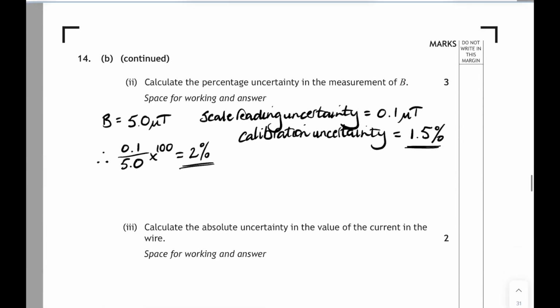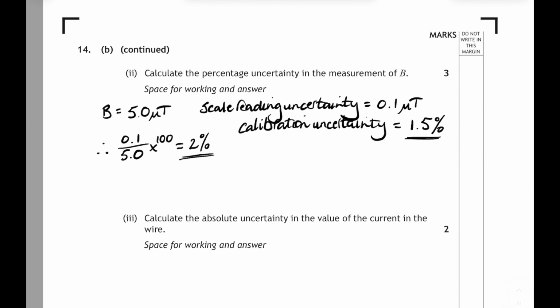But if we look at both of these two, the percentage uncertainties are similar in size. So what we should do is combine those uncertainties. The way that you do that is you square them, you add them together, and then you take the square root of it. And if you do that on your calculator, you'll get an answer of 2.5%.